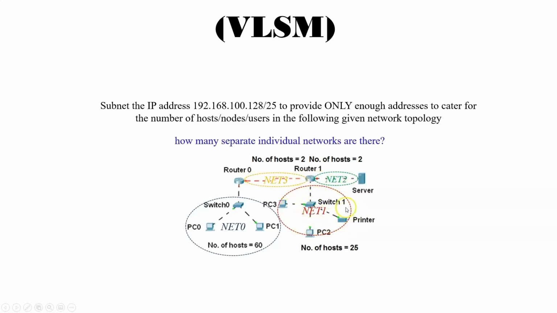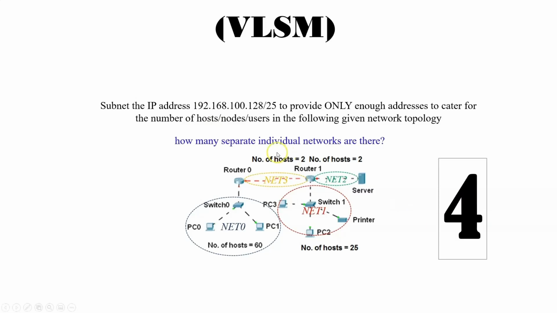And for net 1, we require 25 IP addresses. Likewise for net 0, we need 60 machines, meaning 60 IP addresses, in this given example. So how many networks do we have? We have four small networks.